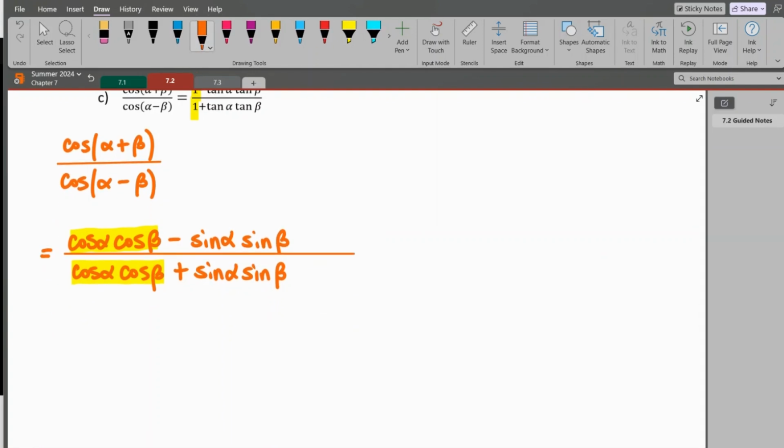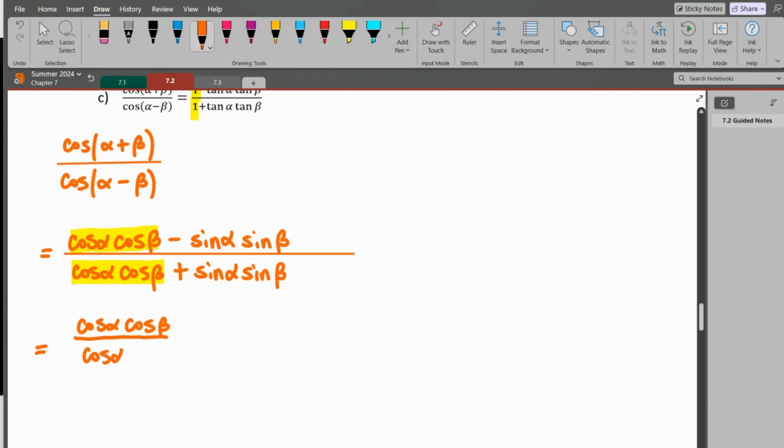So let's keep going. So I am going to take those two pieces and do just like I said. I'm going to divide both the numerator and denominator by this cosine alpha, cosine beta. So it's going to be very messy here for a second, but then it will simplify very nicely.